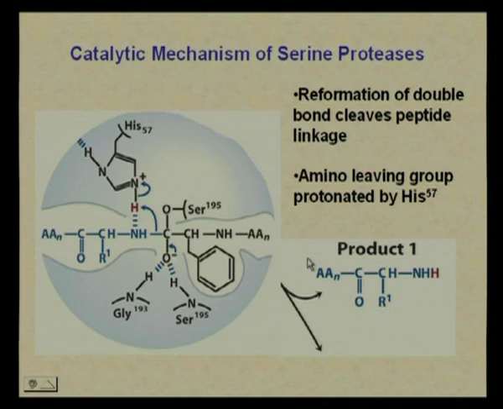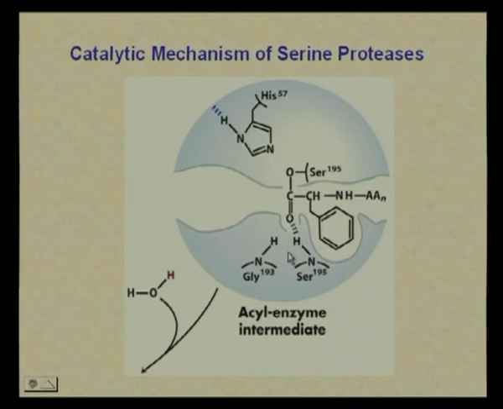But what are we still left with? We still have to get serine back to OH, right? If we want chymotrypsin to act on again, we have an acyl intermediate now. We have to get this back to OH. So, what do we have to do? So, our first product has gone. So, this part is empty now. We have our C double bond O formed back again, but we still have this linkage, and this is the carboxylic part of.